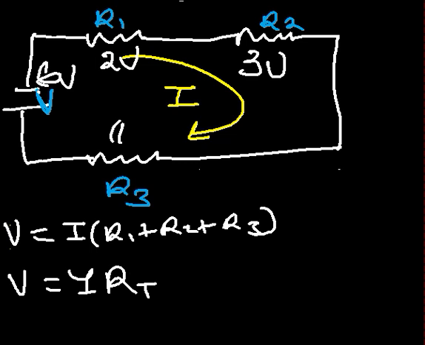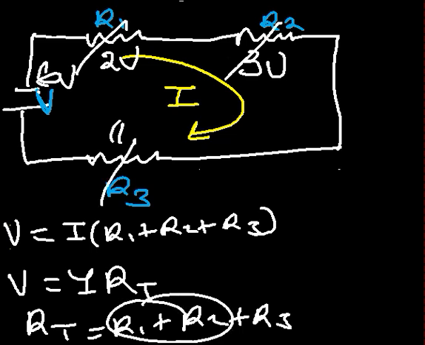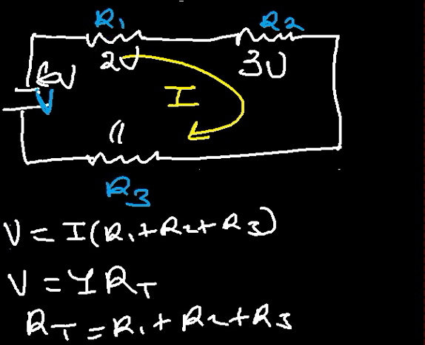In this case, you can see that the total resistance is given as R1 plus R2 plus R3. So that's how we find the total resistance for resistors that are connected in a series circuit. We just literally add them algebraically: this one plus this one plus this one. That is for resistors that are in series.